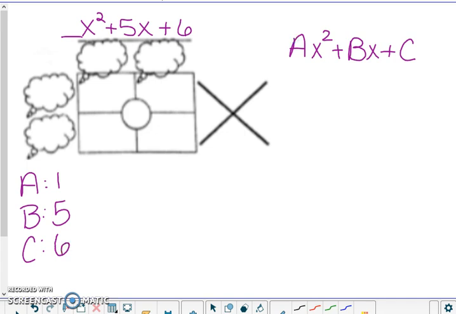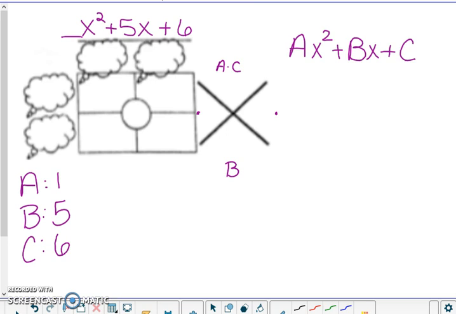Now what we're going to do is use this X over here to organize our data. So we have A times C goes in the top, and B will go in the bottom. What's going to go here and here are the factors of A times C, that is the numbers that both multiply to get AC and also add up to B. And we're going to have to figure out which two those are.